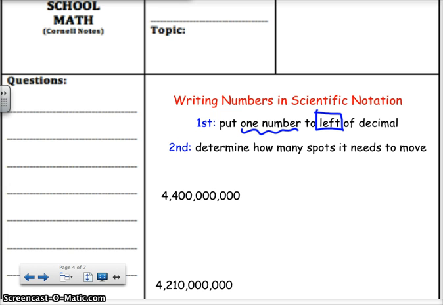That's really important. That's the main point of that statement. And then second, determine how many spots it would need to move. This is going to be our exponent, times 10 to the power. So determine how many spots it needs to move to get to the end, or to get to the original form.